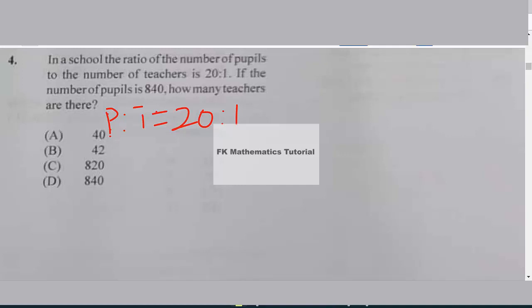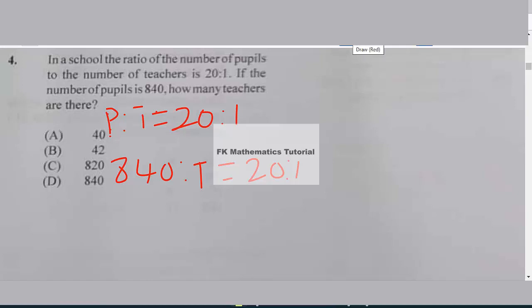So we have 840 pupils, 840 pupils is to teachers, then 20 is to 1. So we are looking for T.